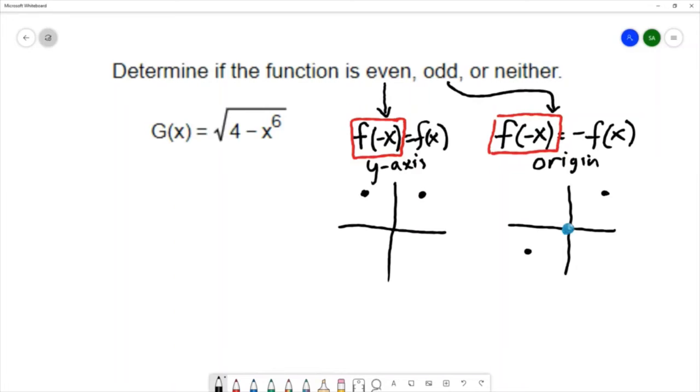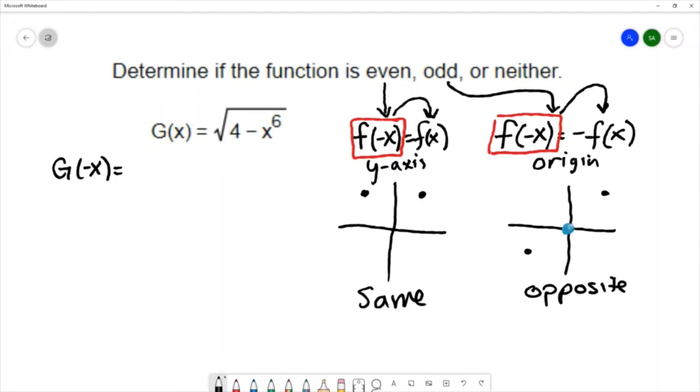So I'm going to do the calculation g of negative x so that I can compare whether our function matches this definition, where f of negative x equals f of x, or this definition where f of negative x is negative f of x. I like to think of these as the same and the opposite.